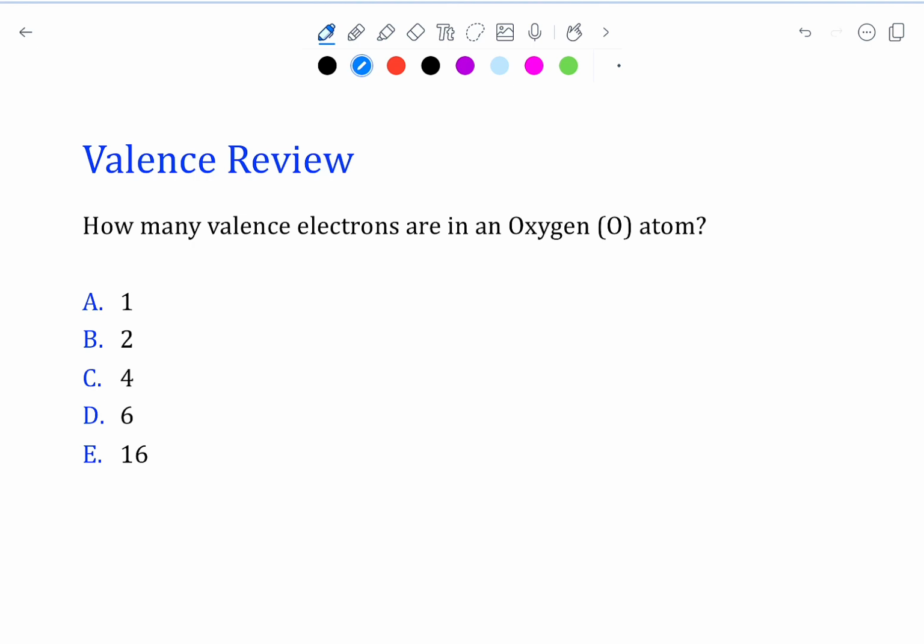If you find oxygen on your periodic table, you'll see it's in group 6A, or group 16, and our group number with the A after it is equal to our valence electrons. So, since oxygen is in group 6A, it has 6 valence electrons.